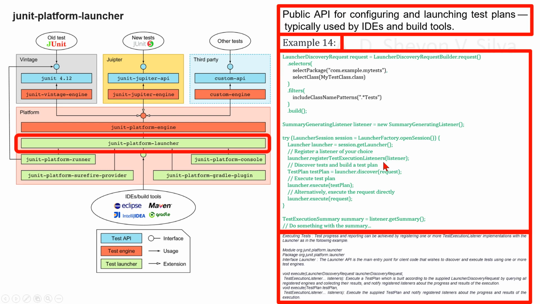There is no return value for the execute method, but you can use a test execution listener to aggregate the results. For example, see SummaryGeneratingListener, LegacyXmlReportGeneratingListener, and UniqueIdTrackingListener.